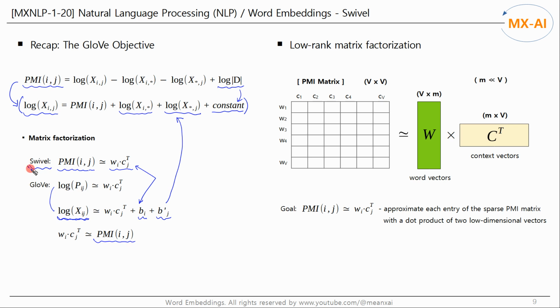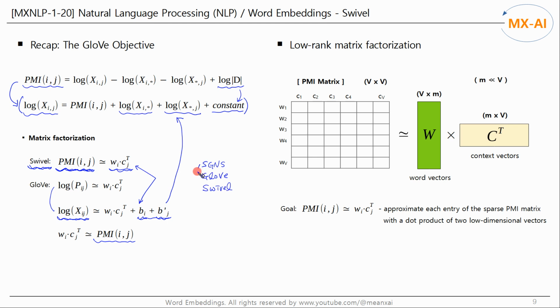Swivel takes this idea one step further. Rather than relying on the bias terms to recover PMI indirectly, Swivel makes PMI itself the direct learning target. In other words, the model is trained so that the dot product between the target and context embeddings directly approximates the PMI matrix. This gives us an important insight.